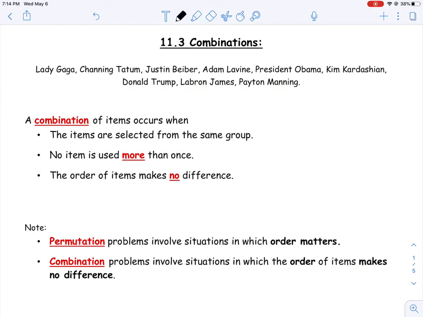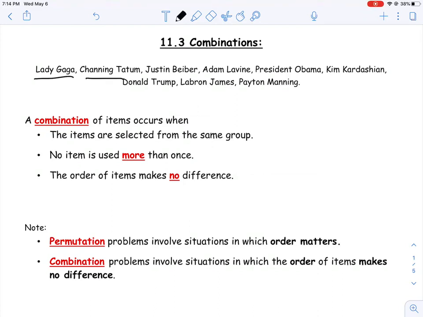Well, it doesn't matter if you picked Lady Gaga and Channing Tatum, and whether they sat to the left of you or the right of you, it would still be those same 2 people, right? Whether it was Lady Gaga and Channing Tatum or Channing Tatum and Lady Gaga. Picking those 2 people, order doesn't matter because it's the same 2 people no matter what. And so we have fewer options total, because picking those 2 people is the same no matter which order they sit at the table, right?